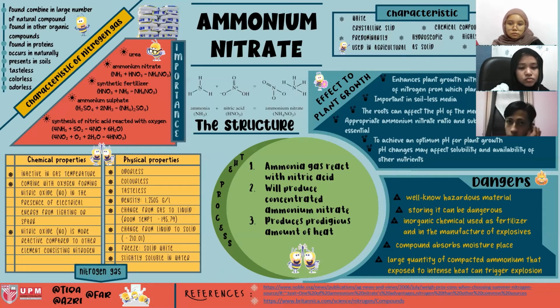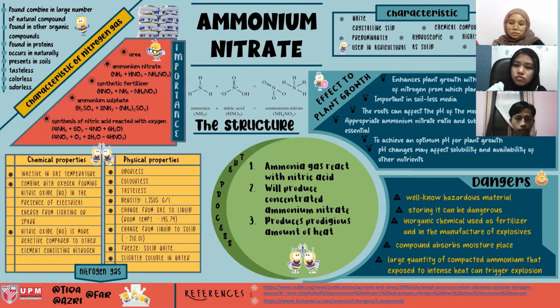First of all, ammonium nitrate can enhance plant growth, as it provides a ready supply of nitrogen from which plants can grow. In addition, it is important in soil-less media as the roots can affect the pH of the medium more quickly.